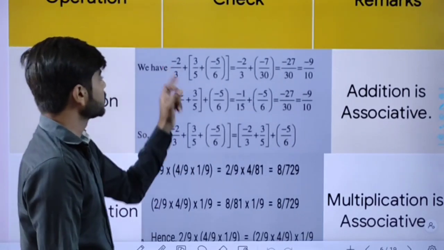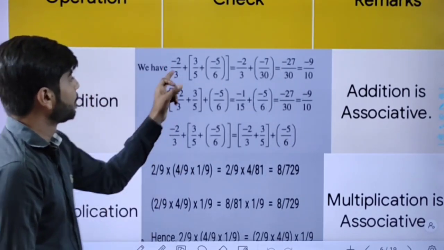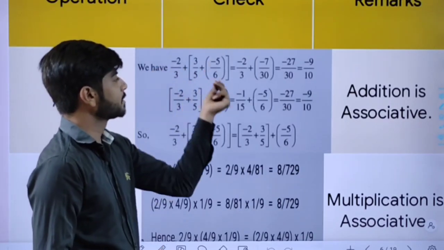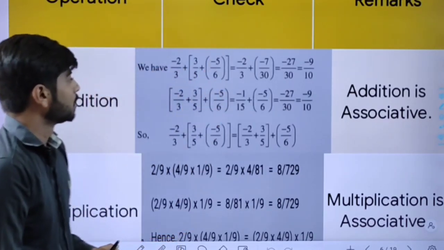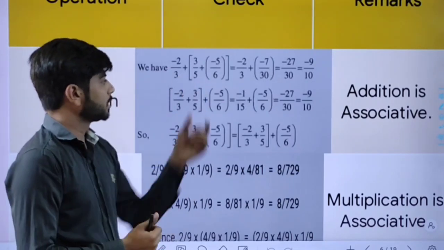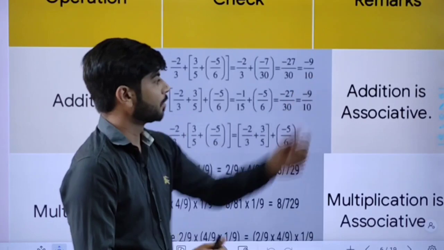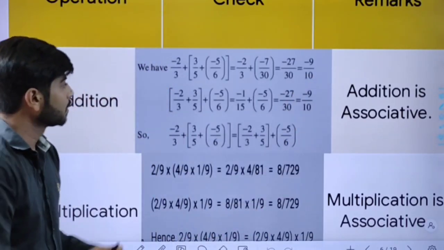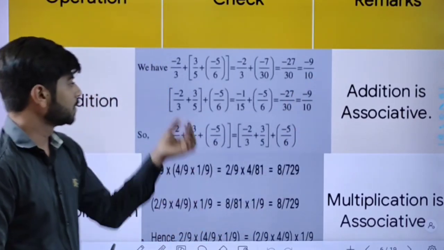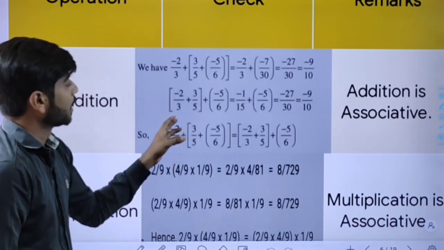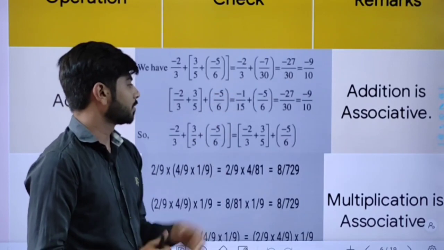Minus 2 upon 3 plus, in bracket, 3 upon 5 plus minus 5 upon 6. Now we grouped these two numbers, so we will get the answer minus 9 upon 10. Now change the group. First we will add minus 2 upon 3 and then 3 upon 5, and at last we will add minus 5 upon 6.